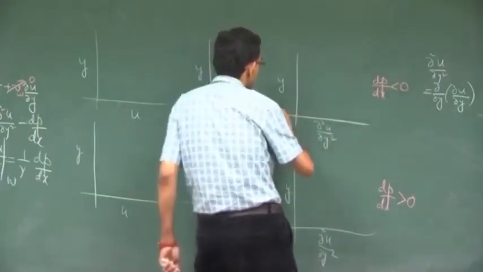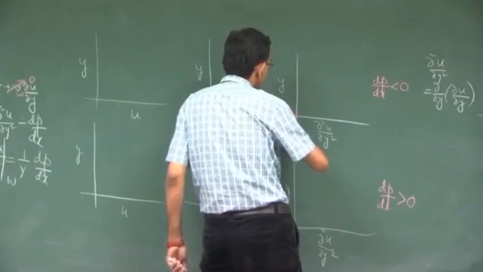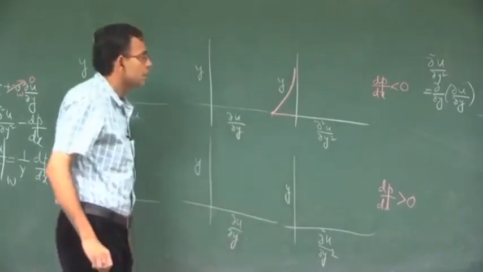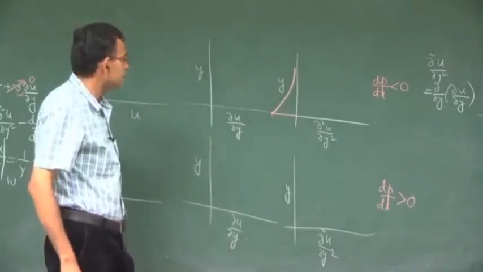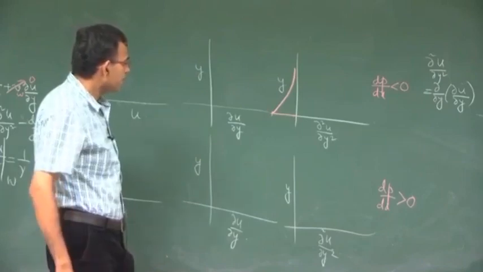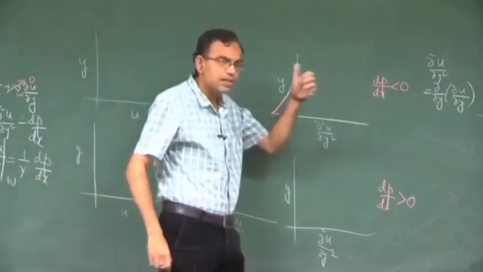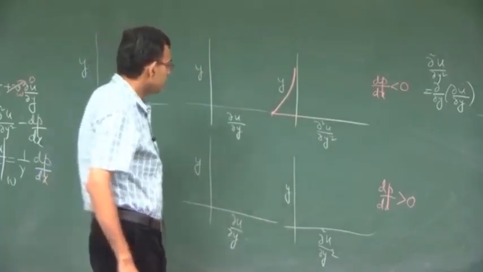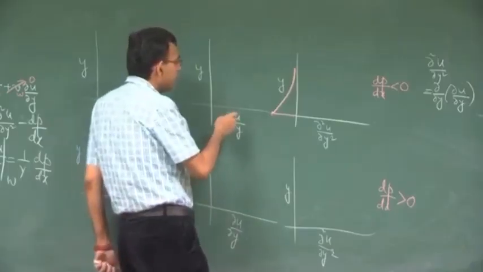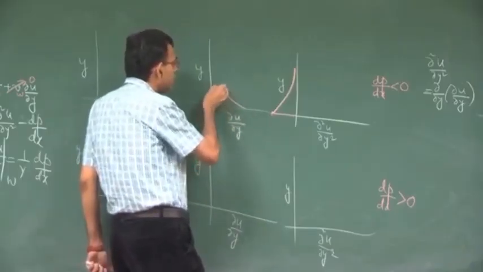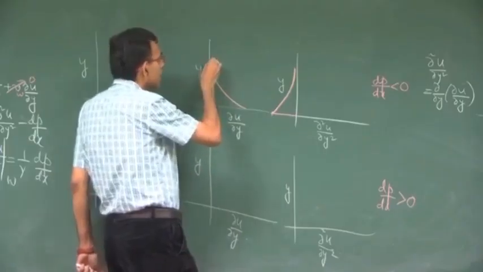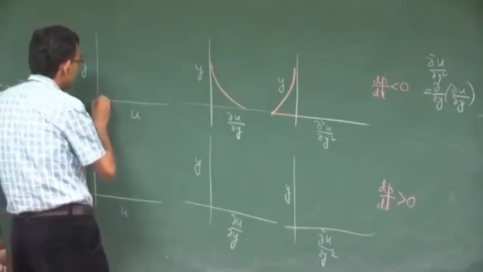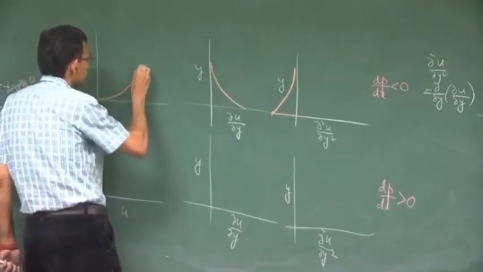So, you will have a d2u dy2 diagram like this. What is du dy? Here there is no boundary layer separation. So, tau wall will be positive and du dy will be positive and du dy will be tending to 0 as you go to infinity, and u versus y will be the usual.